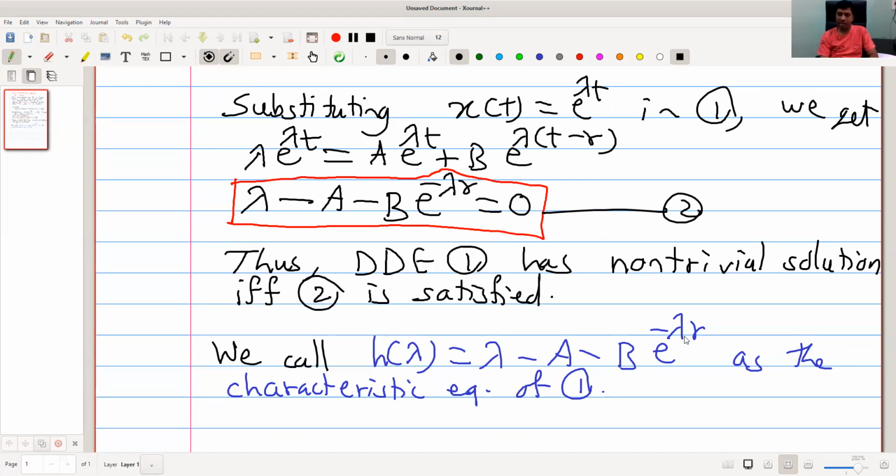Analyzing ODEs is relatively simpler. Finding roots of such equations manually is also not possible in general. We have to use computer software and numerical methods to find approximate roots of such an equation h of lambda equal to 0.